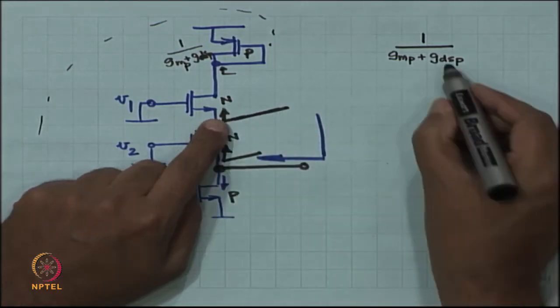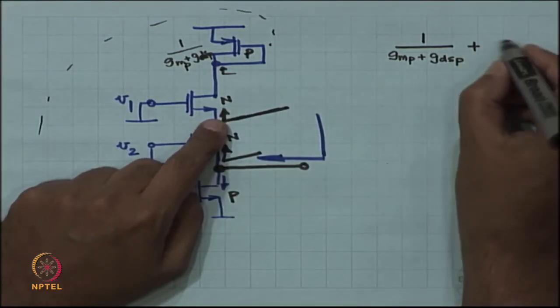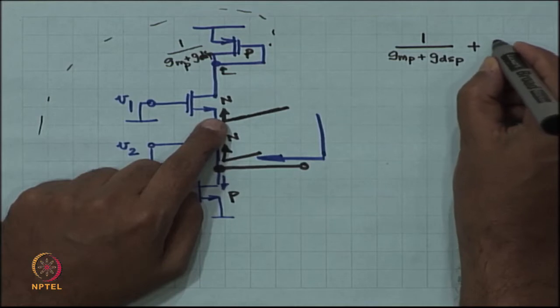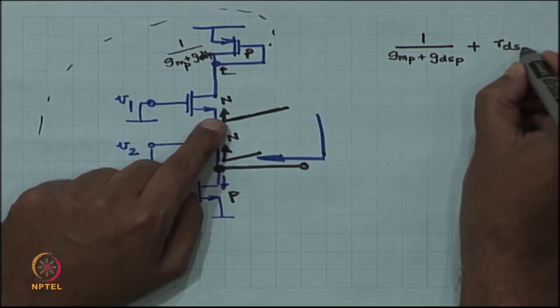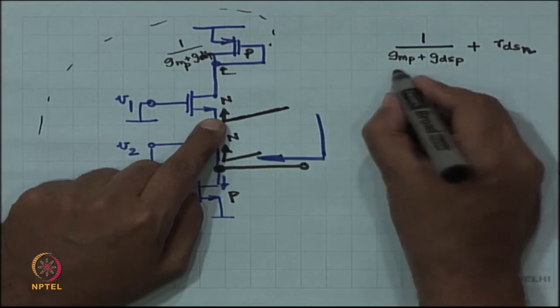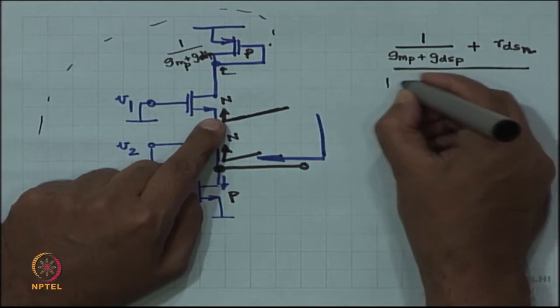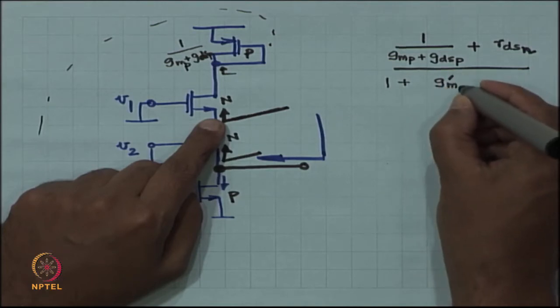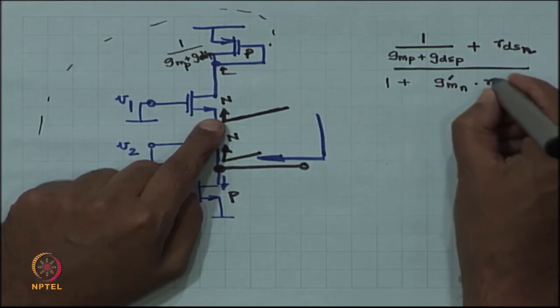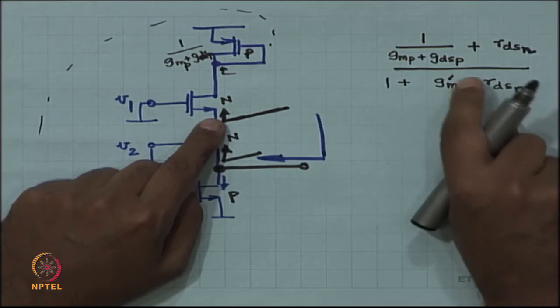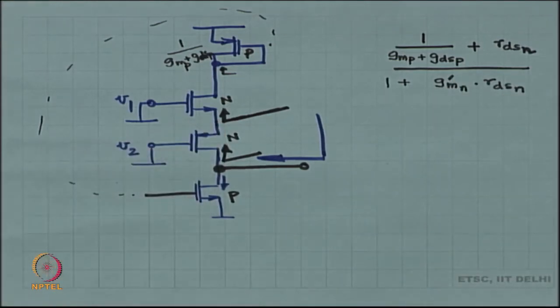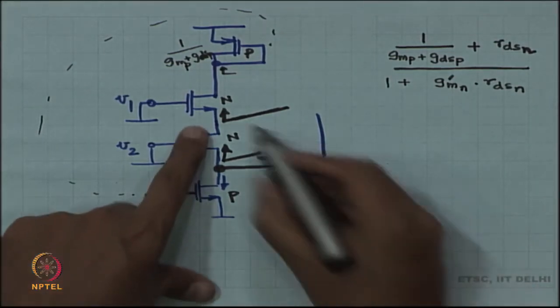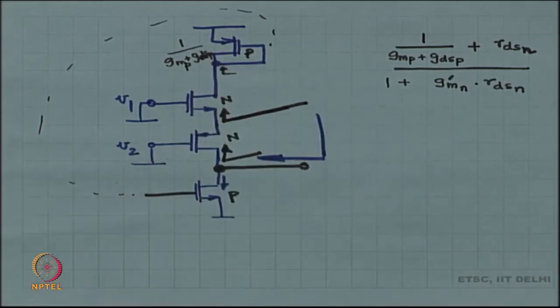The prime over here indicates that it is actually Gm plus Gmb. So, this is the impedance looking in from the source of the NMOS.